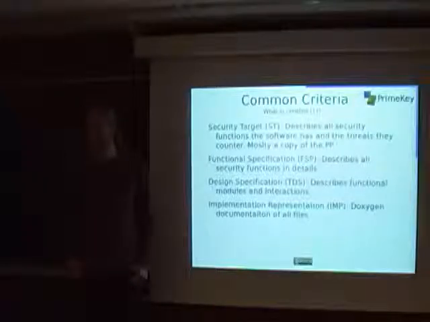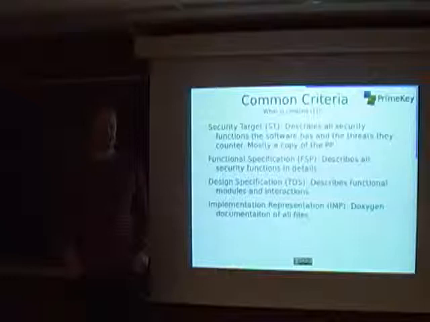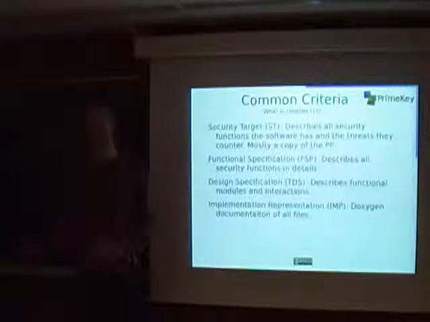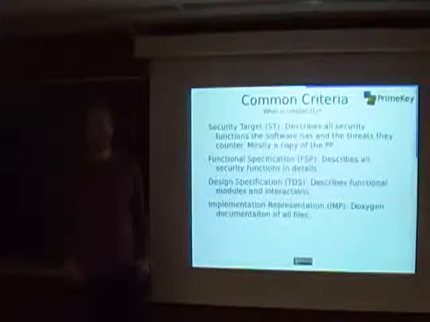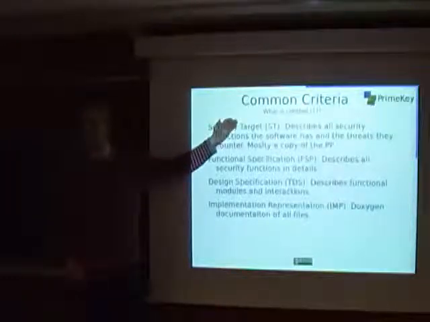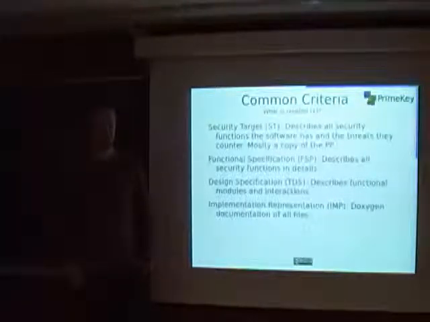The security target describes all the security functions that your software has and the threats that these security functions are meant to counter. I mean, there's no point in having a security function if it doesn't correspond to some threat that you want to counter. So, luckily, if you have a protection profile, this is actually mostly a copy of the protection profile. So, this one, you're lucky.